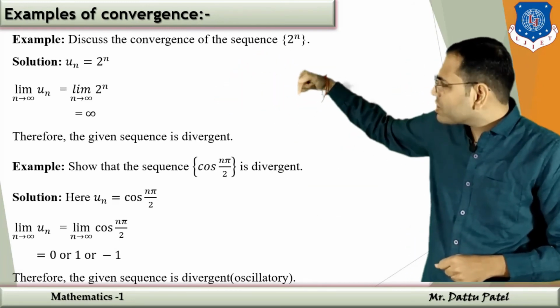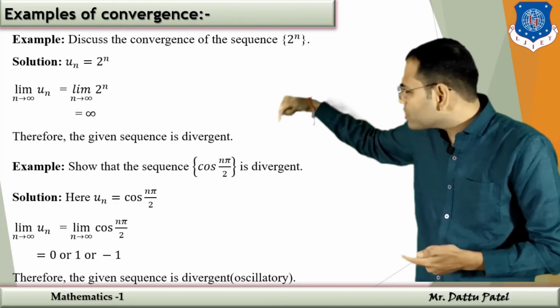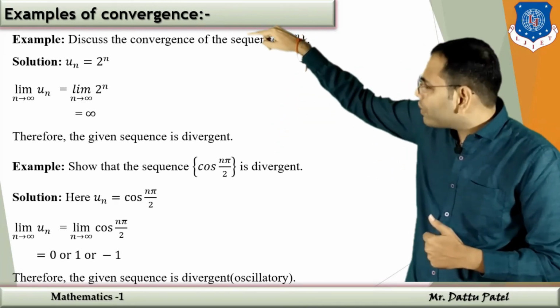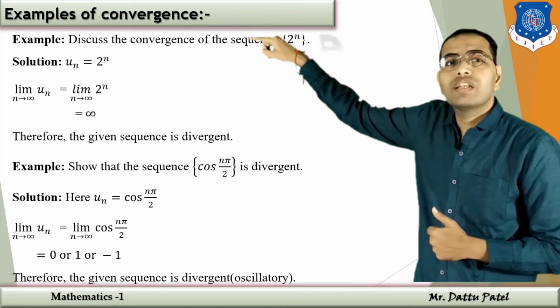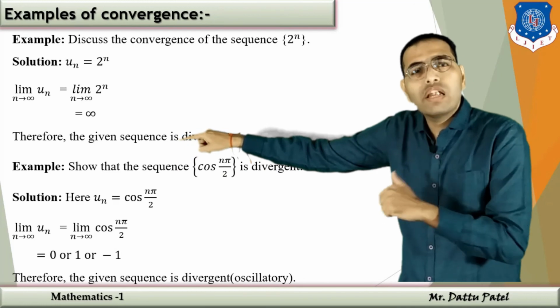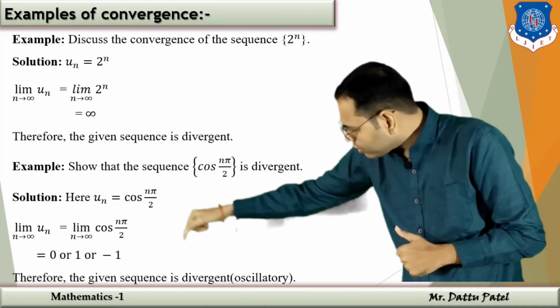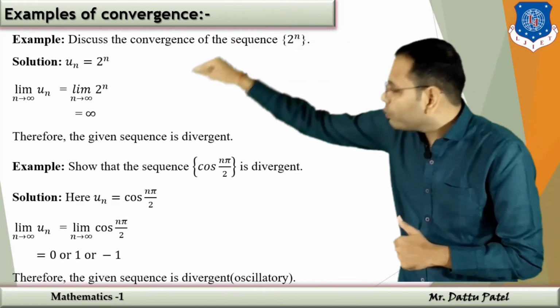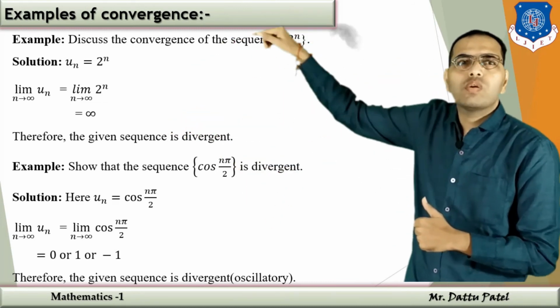First, suppose the angle is 0, n equal to 0, then the value of cos 0 is 1. Now we go to pi by 2, then cos(pi by 2) is 0. Again cos pi is minus 1. Again cos(3 pi by 2) is 0. Again 1, 0, minus 1, 0, 1, 0, minus 1, 0.